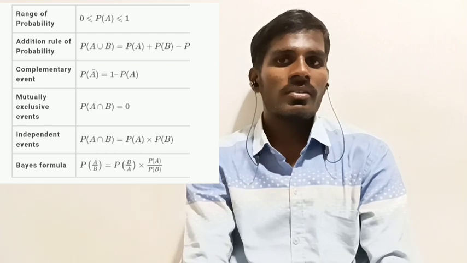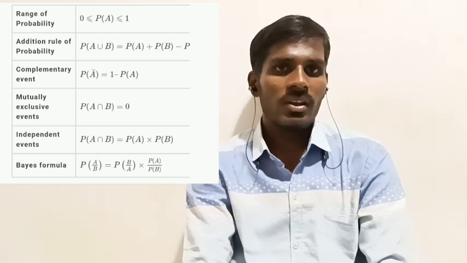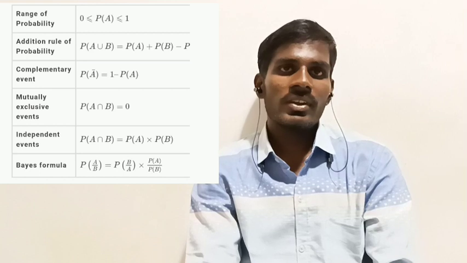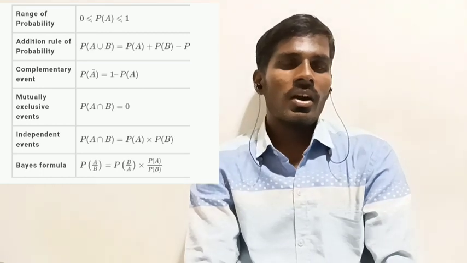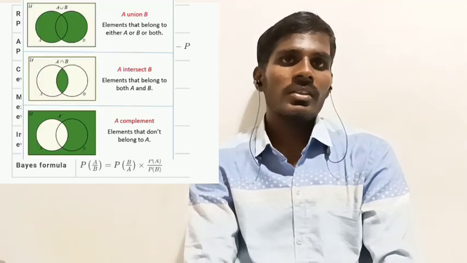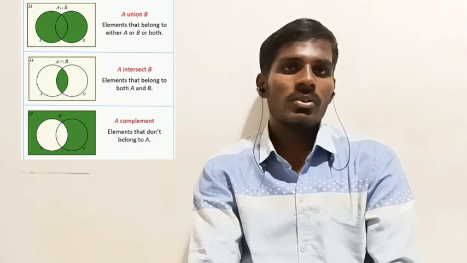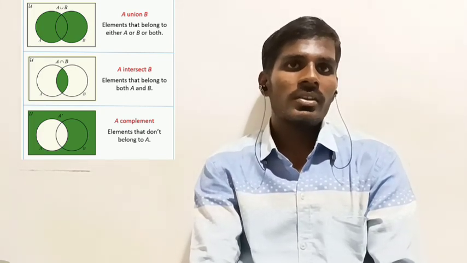In the Venn diagram, the probability of A intersection B in mutually exclusive events is 0.